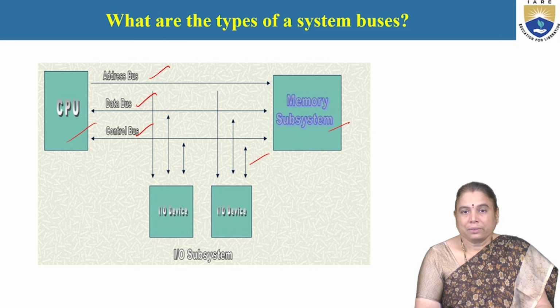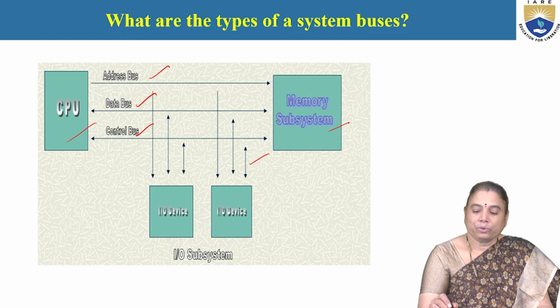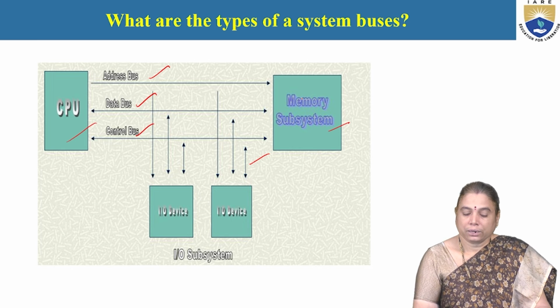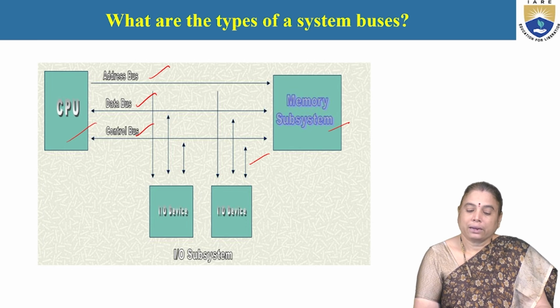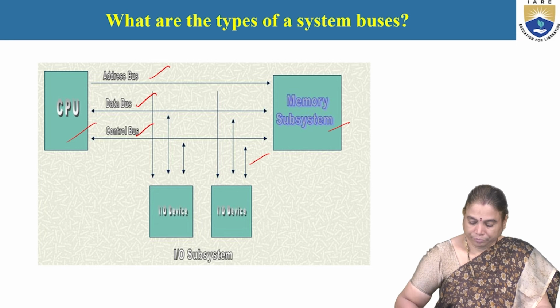The control bus carries the control signals like the read or write operation control signals. So the control bus is also bidirectional. Address bus is used to locate the memory location, so it is unidirectional. The address bus, data bus and control bus together can be referred to as the system bus.